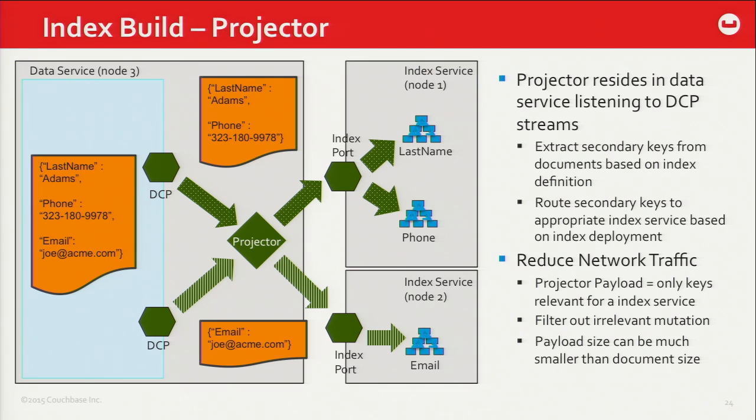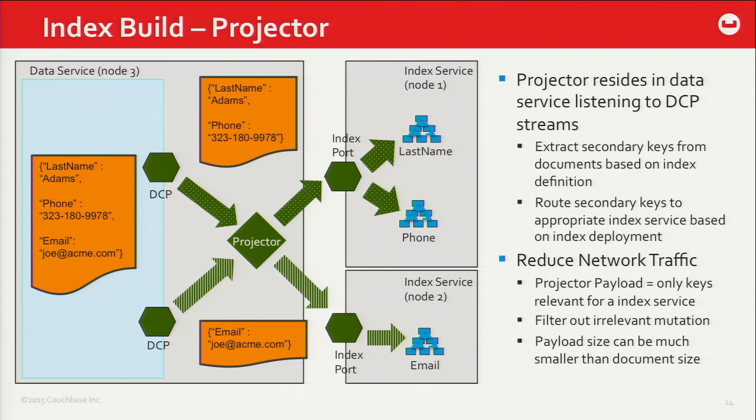What the projector does is listen to the DCP stream from the data service itself. For any mutations coming from this DCP stream, the projector will look at the index definition and figure out which fields in this document are being indexed. It will extract only those keys out of the document, and then route the keys to the corresponding index service.